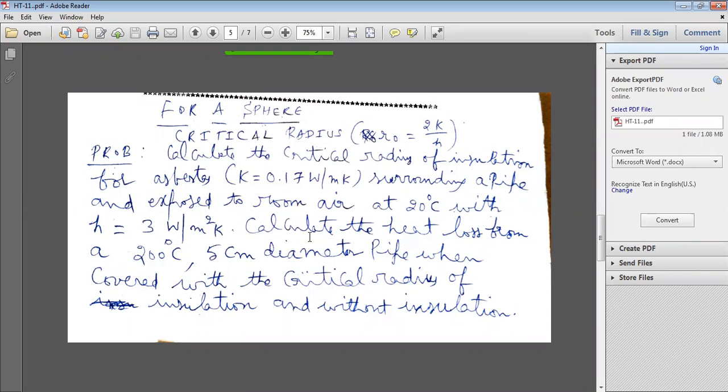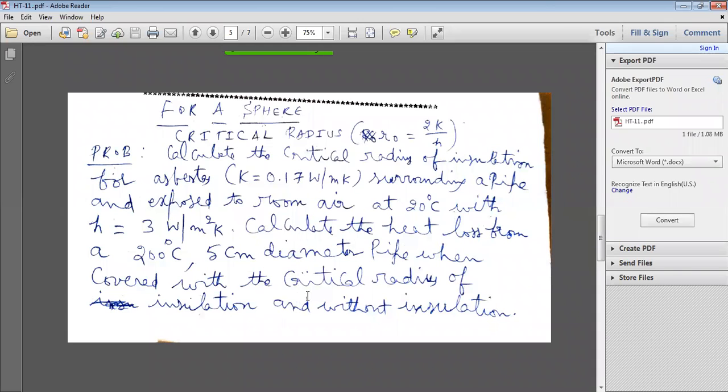And next, what you have to calculate? You also have to calculate the heat loss from a 5 centimeter diameter pipe having an outside surface temperature of 200 degrees centigrade. That's T1 here, 200 degrees centigrade. The free stream fluid temperature is 20 degrees centigrade, and the pipe diameter is 5 centimeters.